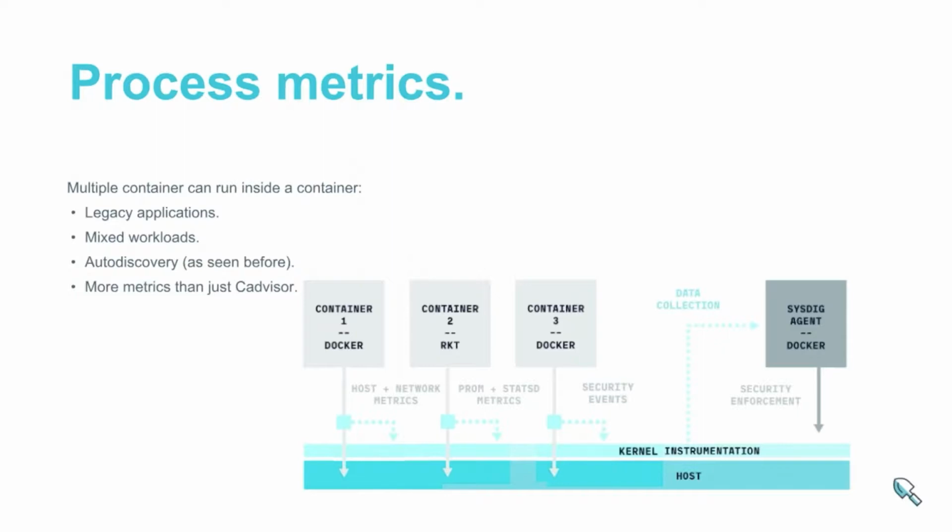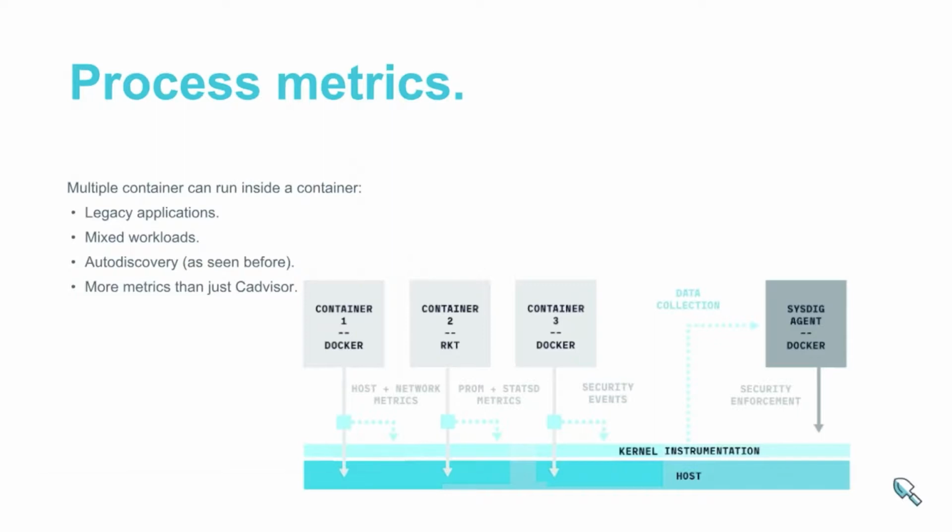For example, Kubernetes sometimes runs as a native process in the node instead of a container. Auto-discovery to understand what's running inside the container. I was saying that before, if it's a Redis server or if it's a Cassandra server, when you can see inside, you can trigger automatically the collection of those metrics.